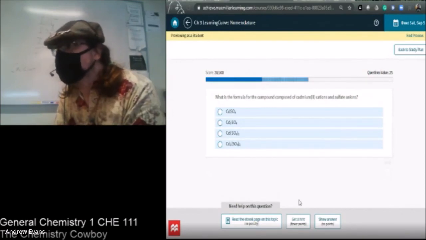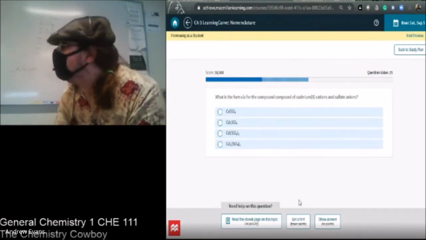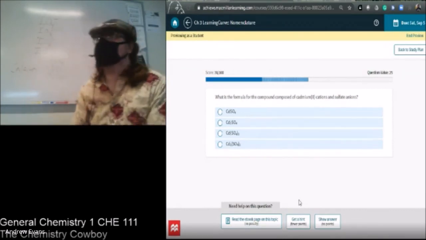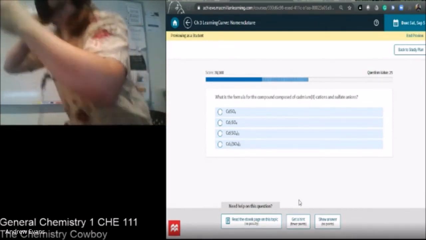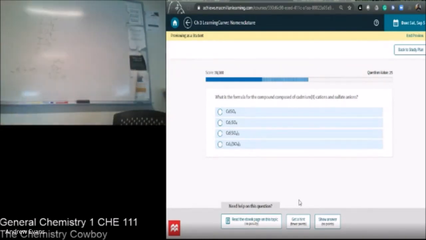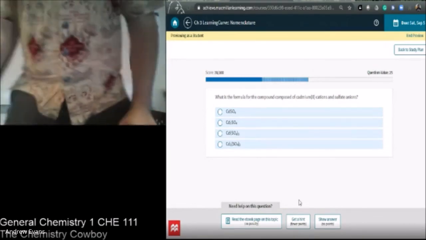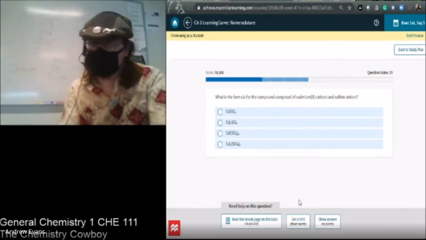So 2 plus, 2 minus will go together in a 1-to-1 ratio. So we're looking at one that needs to be CdSO4, no subscripts other than the 4 on the oxygen. So the options are CdSO4, Cd2SO4, CdSO4 2, Cd2SO4 2. So this is really odd that all the first ones are the right one.